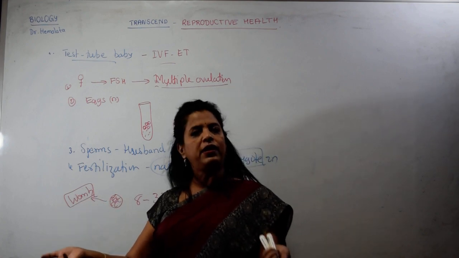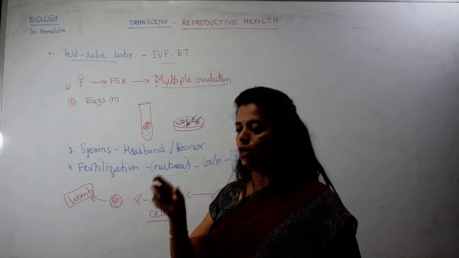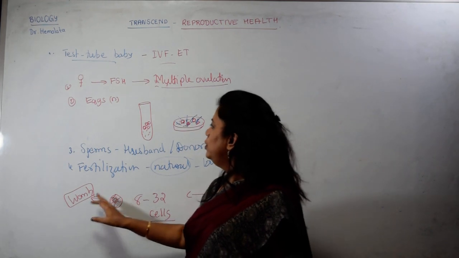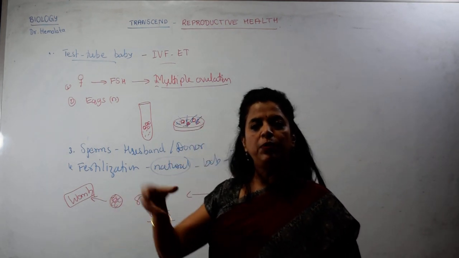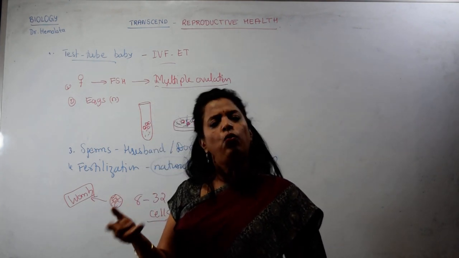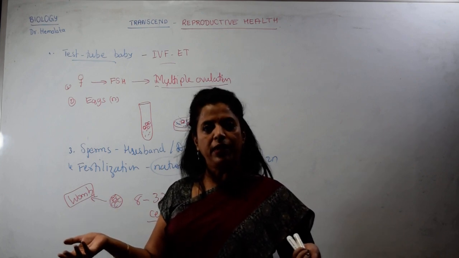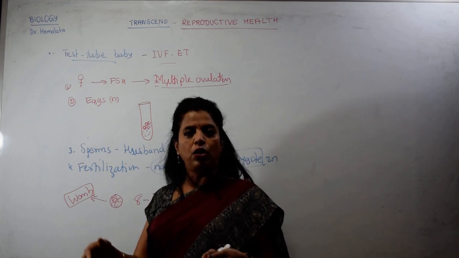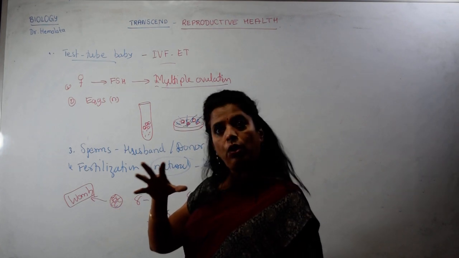Nowadays all care is taken, but still some chances are there, as the embryo is outside the mother's womb. Normally during test tube baby, around 2 to 3 such embryos are placed in the mother's uterus to implant. Mostly one will implant, but sometimes more than one get implanted. Therefore you may get twins, triplets or quadruplets. That's the overall test tube baby procedure.